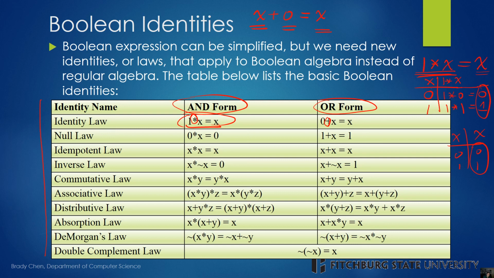Remember we mentioned that you may be able to create many different Boolean expressions, and these Boolean expressions have the same truth table, and they are basically equivalent. So now how to prove this? One way you can prove it is using the truth table. The other is to use the Boolean identities. So we can derive from one expression and eventually lead to the other expression.